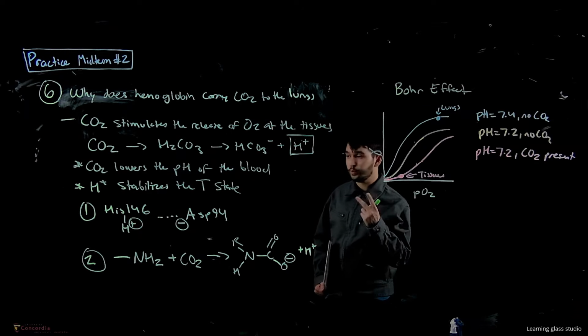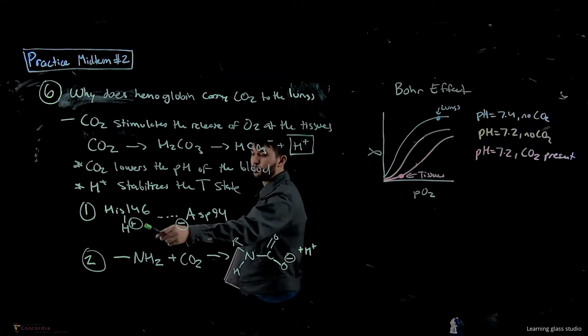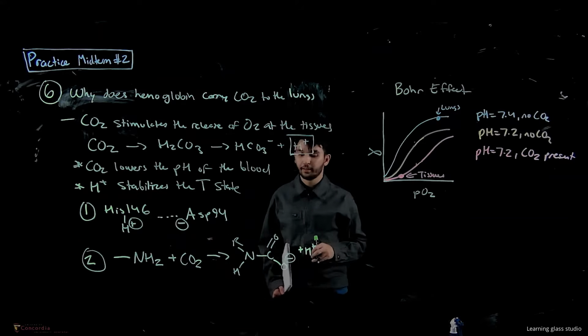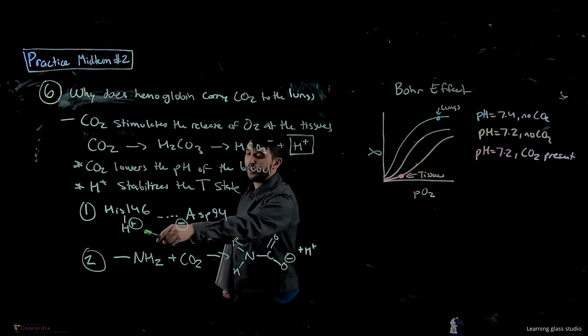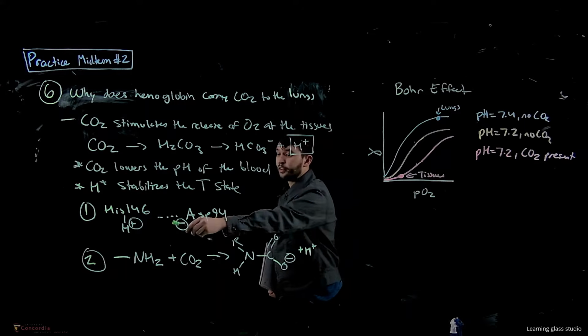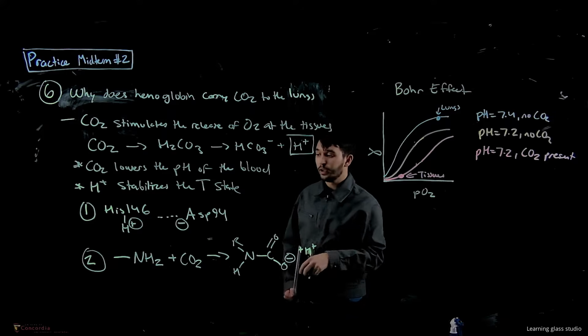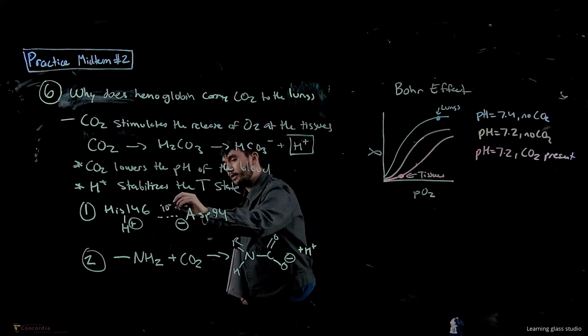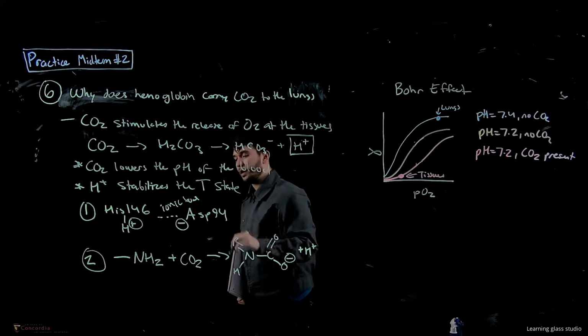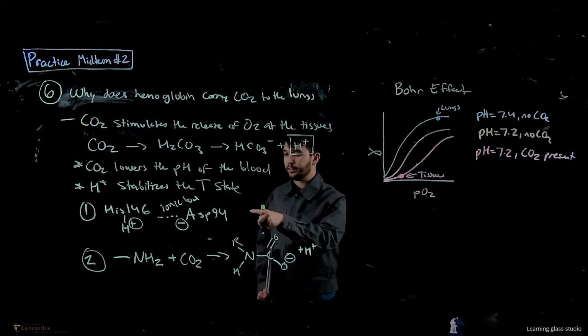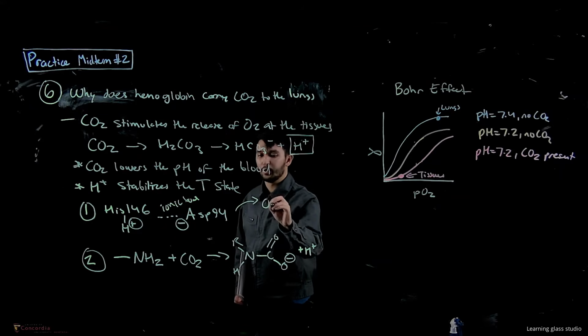So this is for two reasons. Number one is the protonation of histidine 146 within hemoglobin. So this gives it a positive charge, and this positive charge can bind to a negative charge in aspartate 94. So this will form an ionic bond. And what this does, this will stabilize the T state, allowing the release of O2.